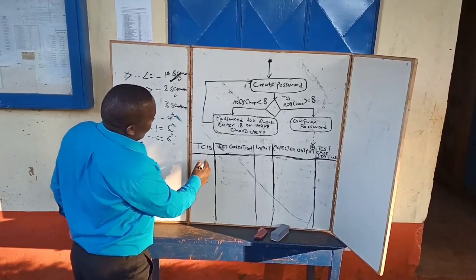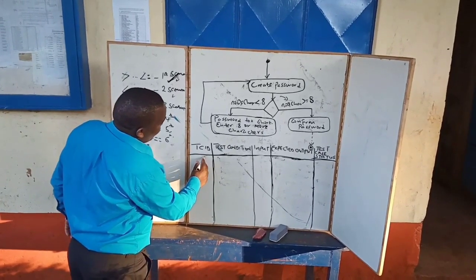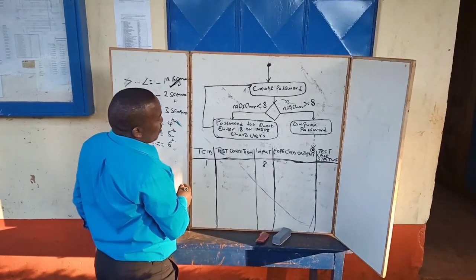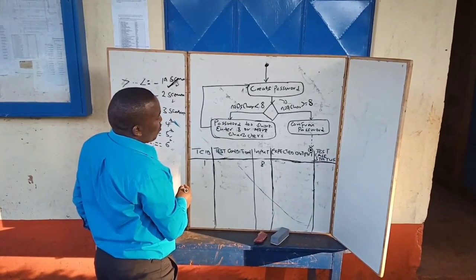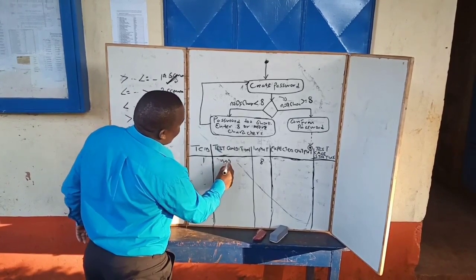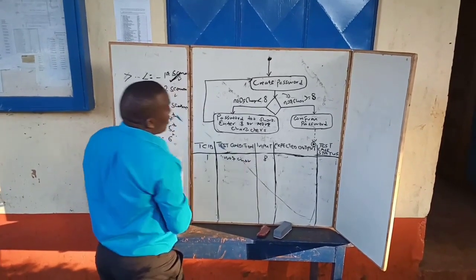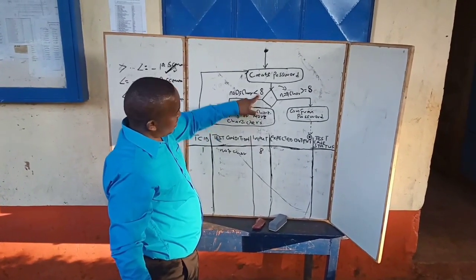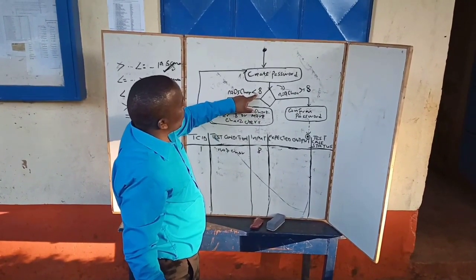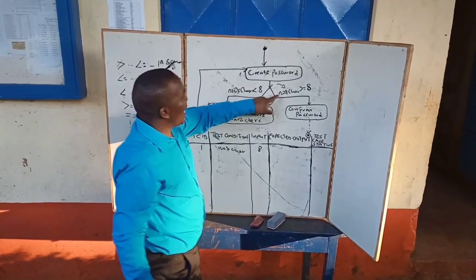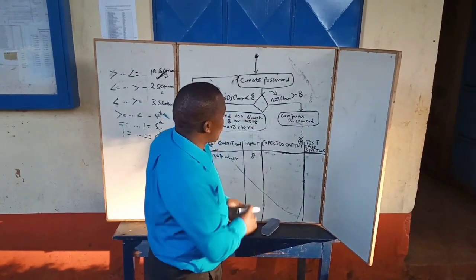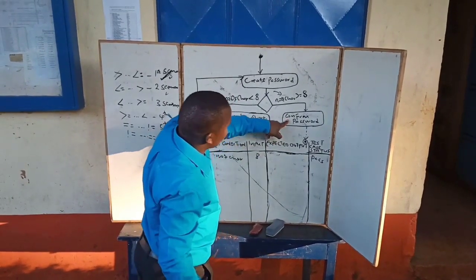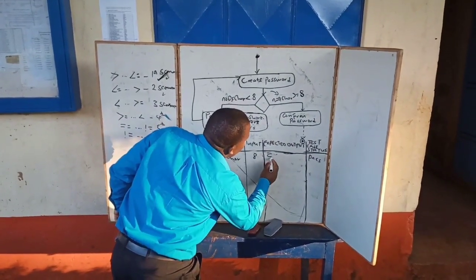The test case ID is incremented by 1, and 8 is assigned to the input variable. Number of chars is assigned to the test condition. Then 8 is compared with the first condition. 8 is less than 8, that is false. The algorithm transfers to the second condition. 8 is greater than or equal to 8, that is true, hence pass, and confirm password is generated.